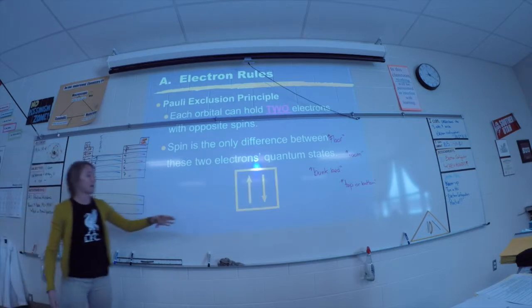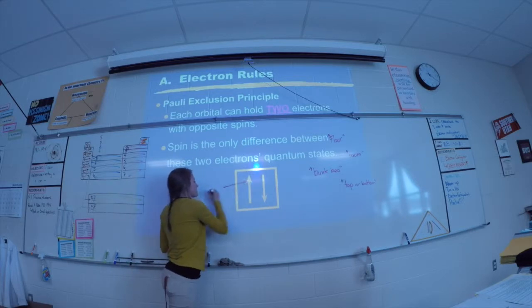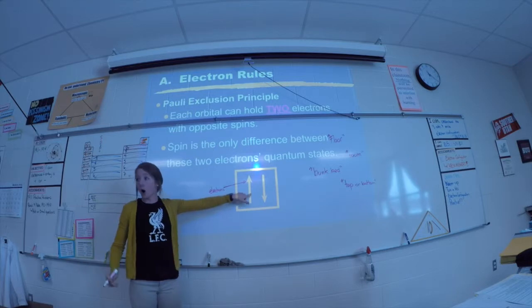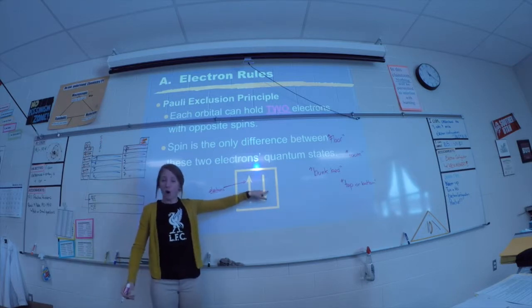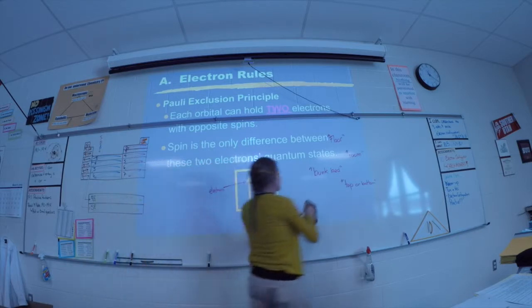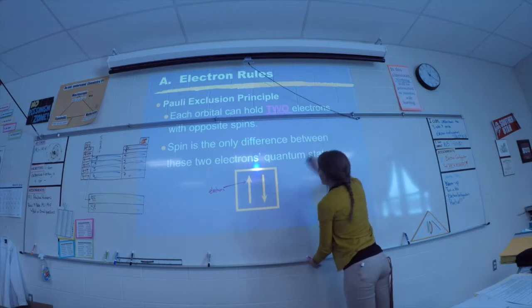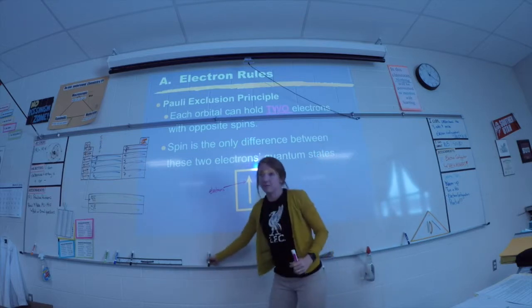So whenever you put arrows in the boxes, these represent our electrons. One must always be pointing up and one must always be pointing down. They will never be pointing in the same direction. So next to that box, let's draw a bad example so we don't do it.